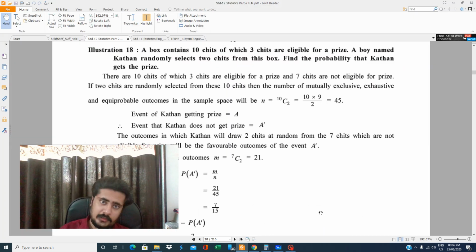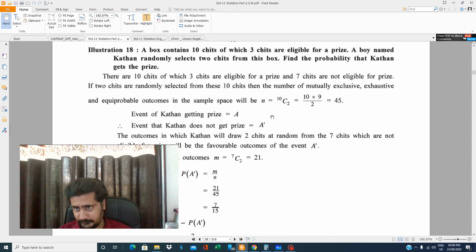Now this illustration 18 is important. A box contains 10 chits of which 3 are eligible for a prize. A boy named Kathan selects two chits from this box.